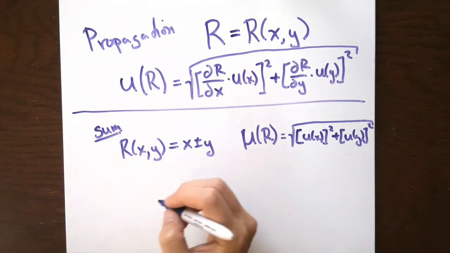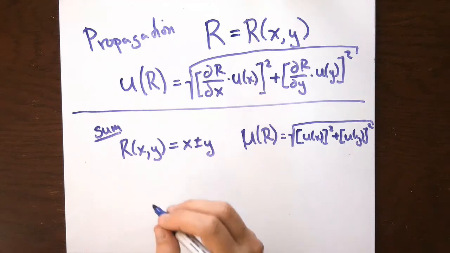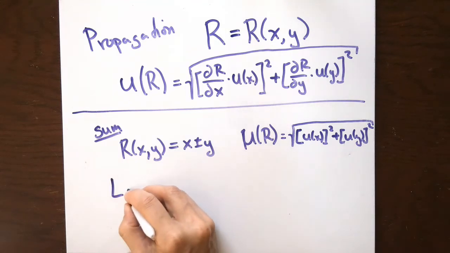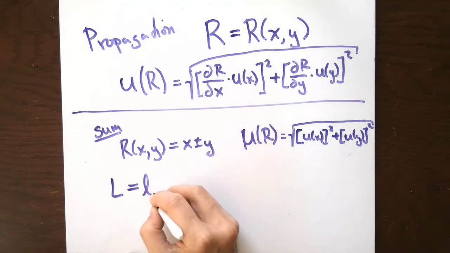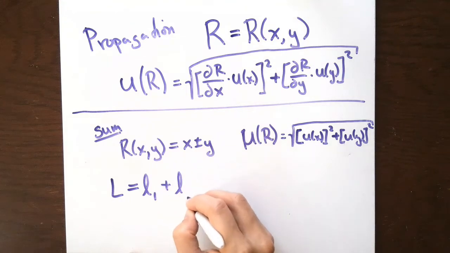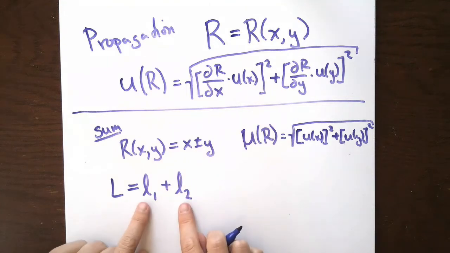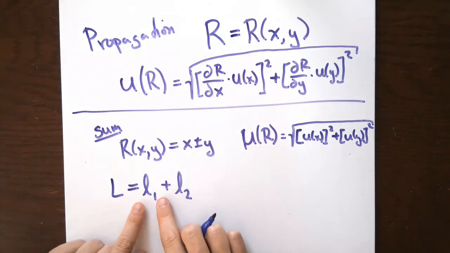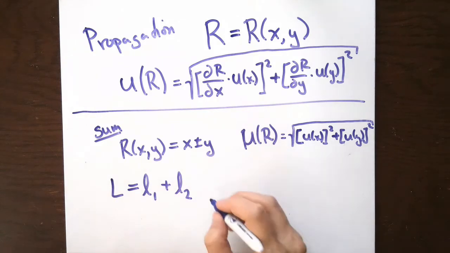So an example here, maybe you're trying to get a full length, but you had to measure it in two pieces. So you measured length 1 and length 2, and both of these you measured, so they have a type B uncertainty, and now you're adding them to get this full length you're interested in.